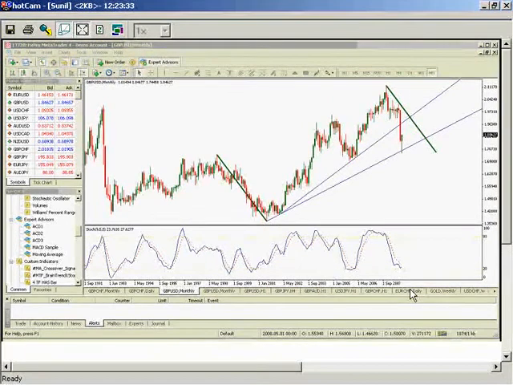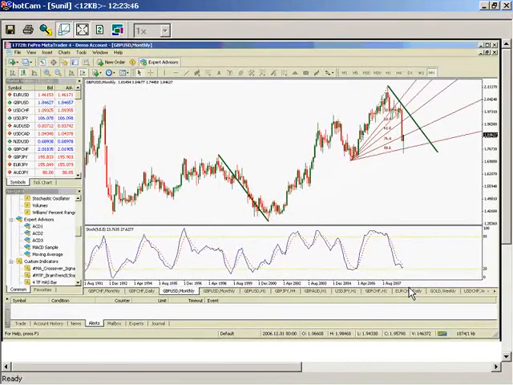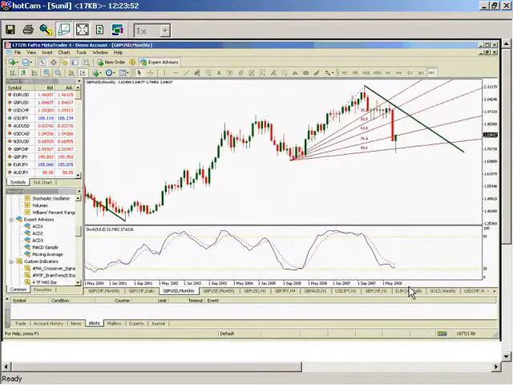Now, the first confirmation of a hidden divergence comes with Fibonacci fans. If you plot your Fibonacci fans on the points of the hidden divergence, and price has not broken the last fan level, if it has found support at the fan level, the possibility of your hidden divergence completing is very high.